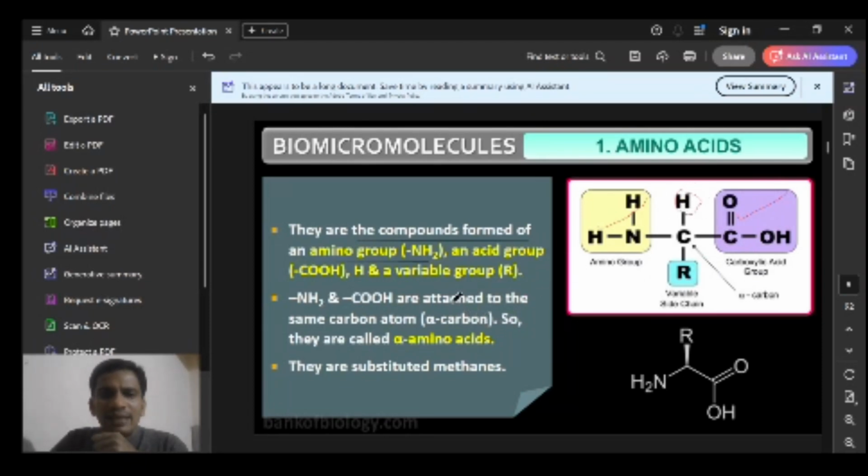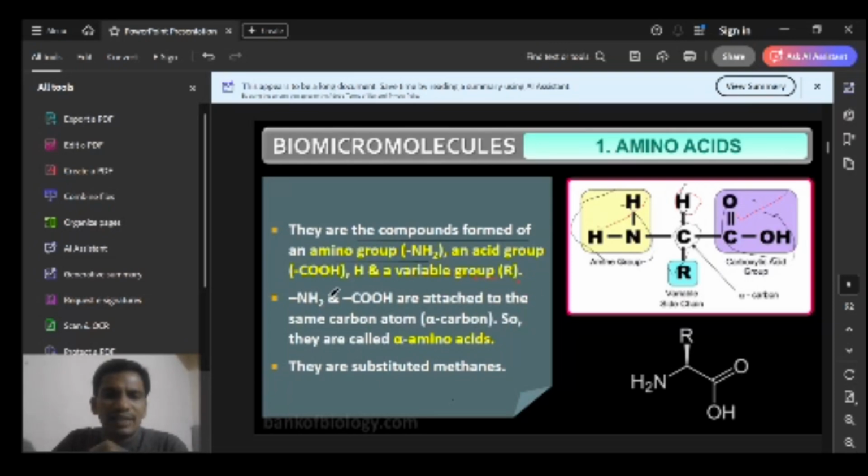An amino acid should have NH2, COOH, an R group and hydrogen. These all should be joined to the carbon. NH2 and COOH are attached to the same carbon, as you see in this slide.